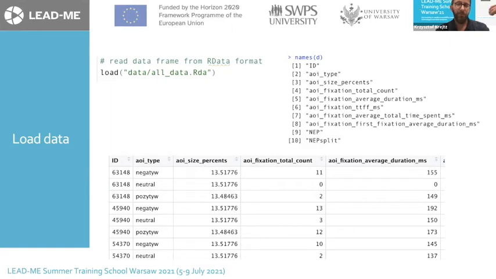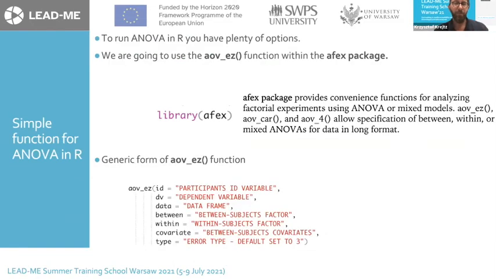If you just type load and give the name of the file you want to read, it will load the name of your data frame as it was saved. It was saved as D. It will load all the variables and the classes of these variables. So everything is ready to run the analysis. So we have a data frame called D.